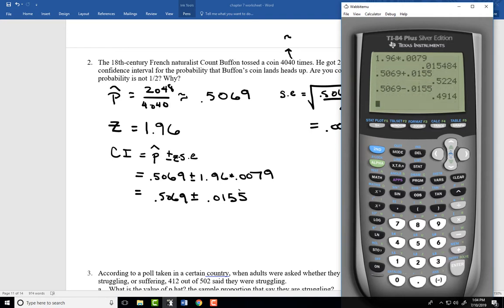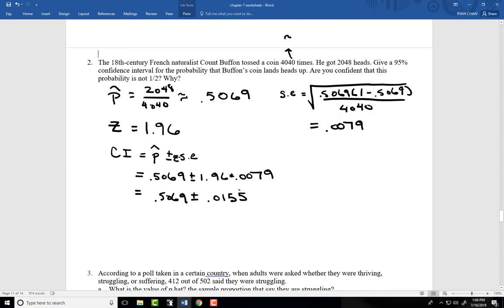So it's 0.4914 to 0.5224, my confidence interval.